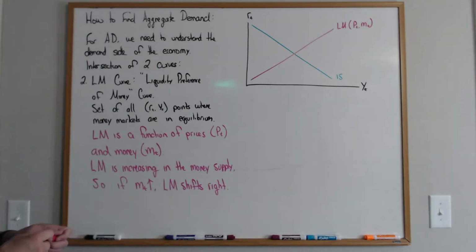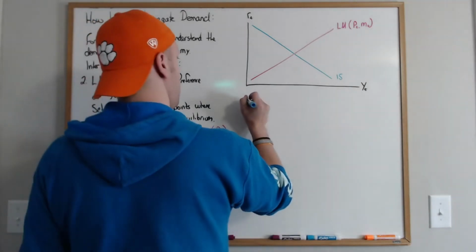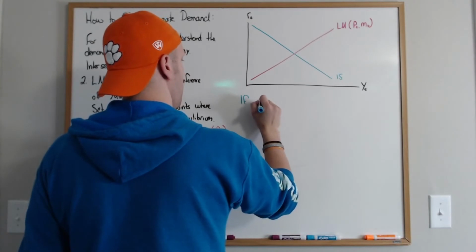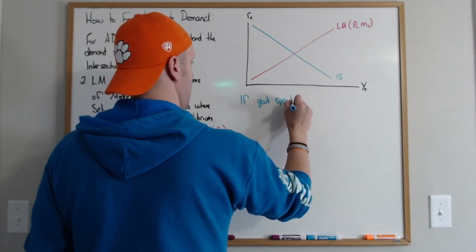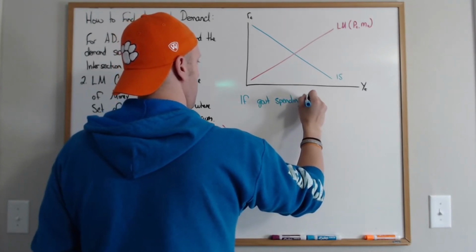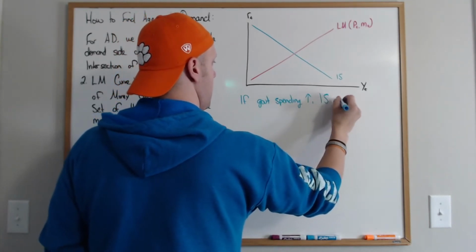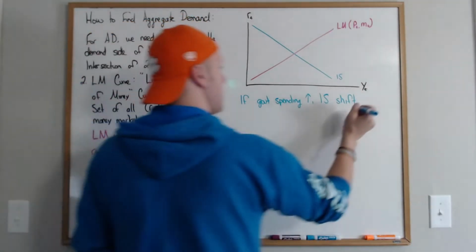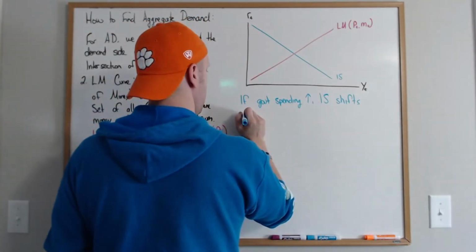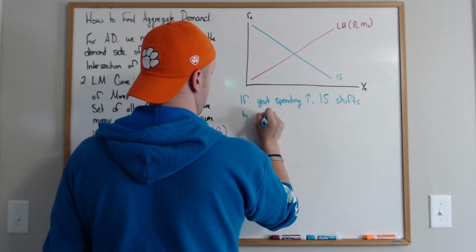Conversely, we're looking at the IS curve. Then, if government spending were to increase, the IS curve will also shift to the right.